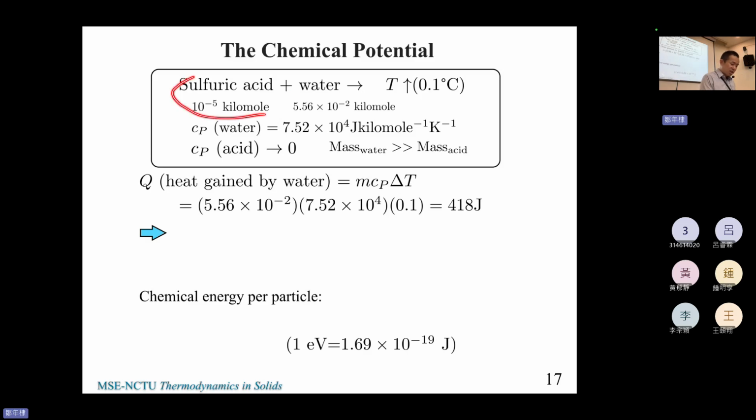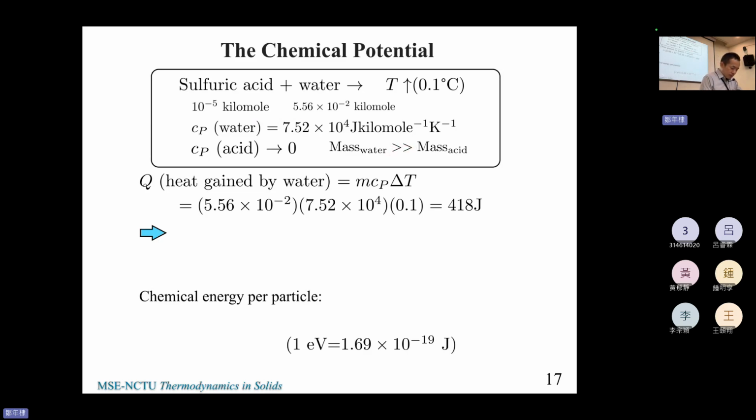Very small amount, a relatively big amount. And CP of water and CP of acid have these values. So you can imagine that it is greater than 10 to the 3 order, 1000 times, so it is much greater.